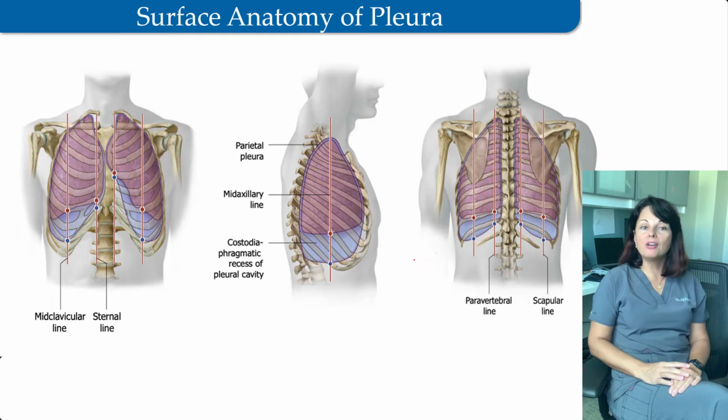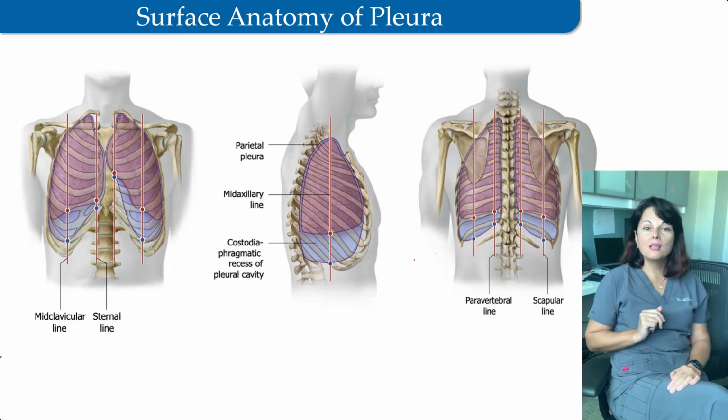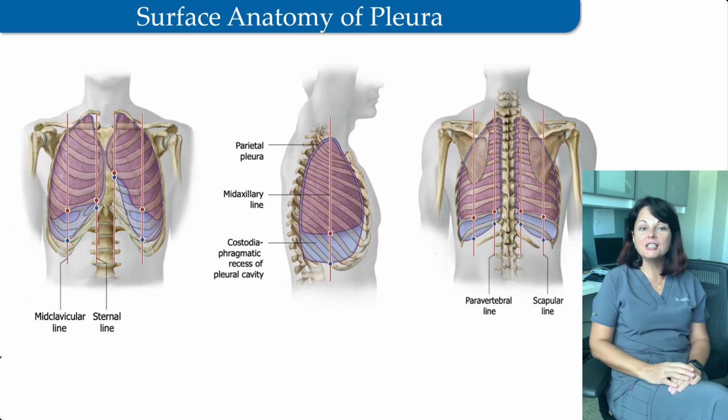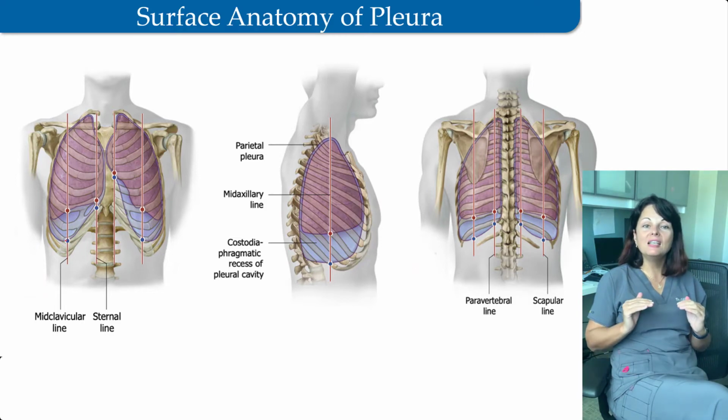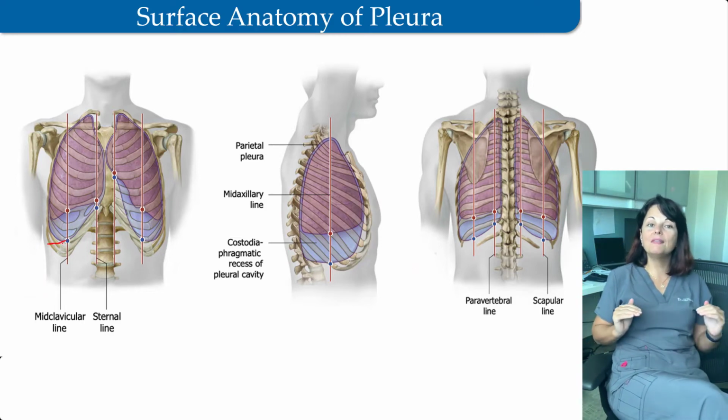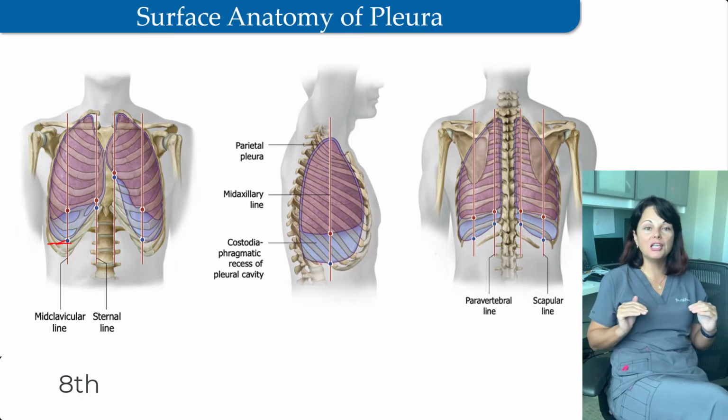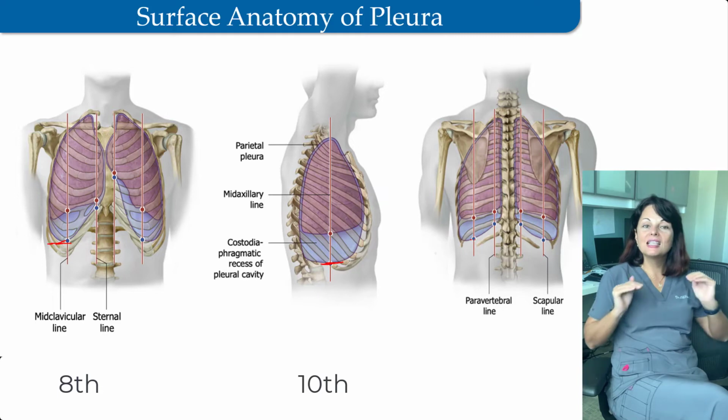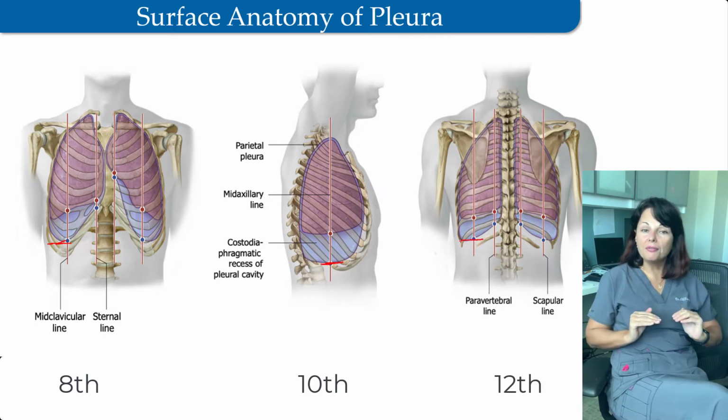Projections of the parietal pleura on the thoracic wall do not always merge with projections of the visceral pleura covering the lung. The parietal pleura reaches the mid-clavicular line at the level of the 8th costal cartilage, the mid-axillary line at the level of the 10th rib, and the scapular line at the level of the 12th rib.